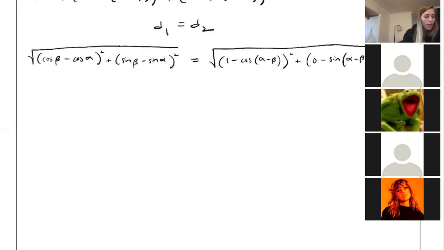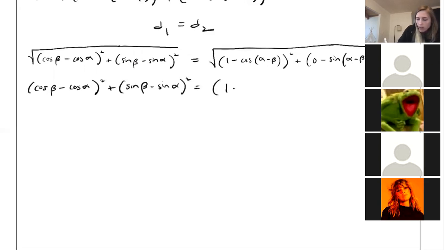So if we square both sides, we're just left with cosine beta minus cosine alpha squared plus sine beta minus sine alpha squared equals 1 minus cosine of alpha minus beta squared. And then since that's 0 minus sine of alpha minus beta, I can just write that as sine squared of alpha minus beta.